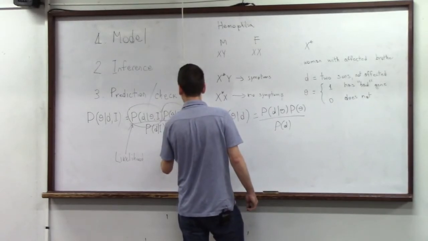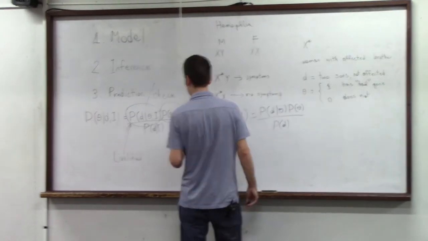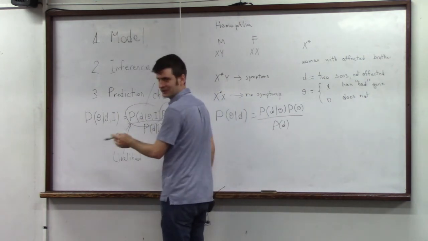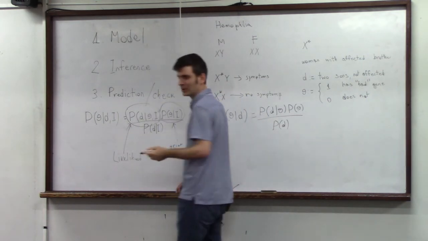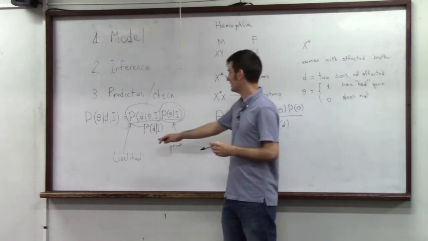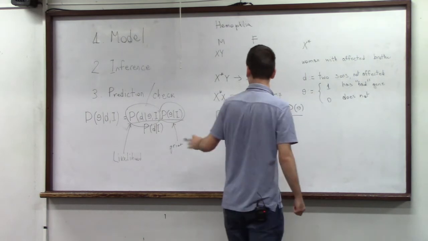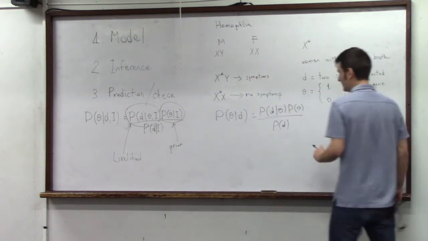This is called the prior. And this is the probability of observing the data. In most cases, this is a normalization constant, but let's not worry about that now.